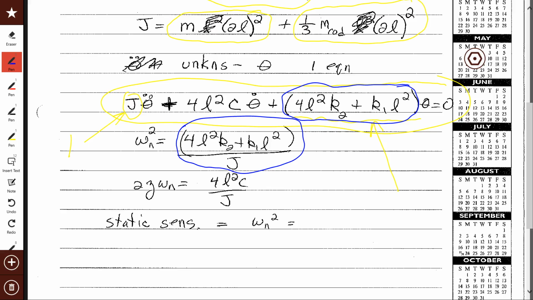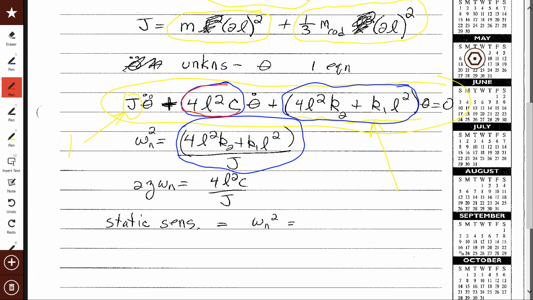So the two blue terms divided by J, that is always omega n squared when you have a single equation with one variable with a 2 dots. The middle term here, and of course I have to divide by J, but this middle term, probably ought to do that in a different color.